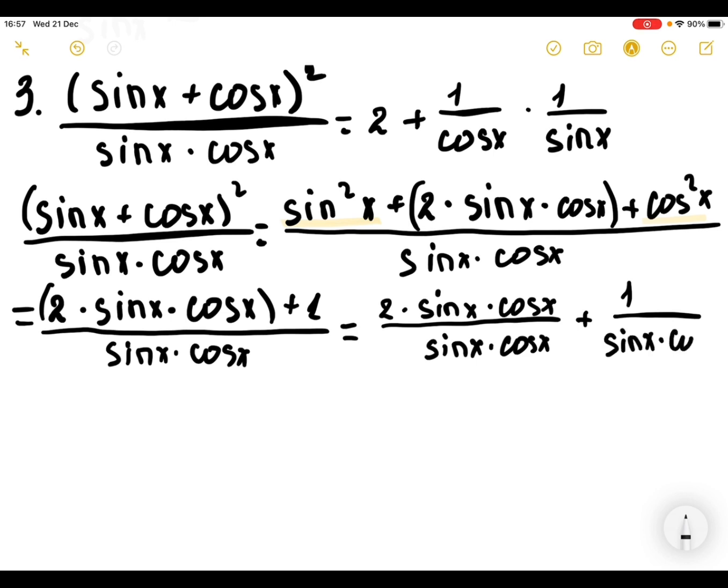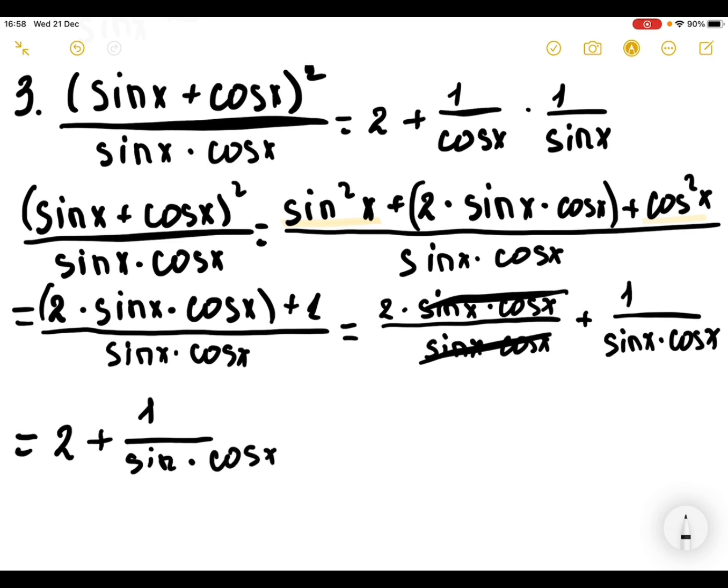We can simplify them and it equals 2 plus 1 divided by sine x multiplied by cosine x. We have obtained the right-hand side of the identity and the verification is complete.